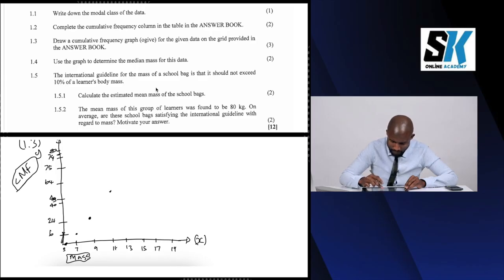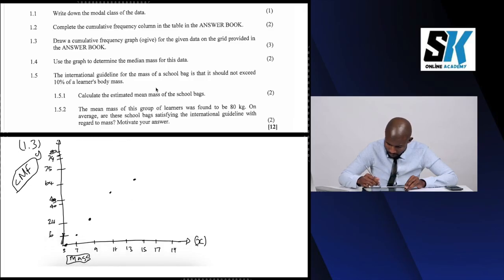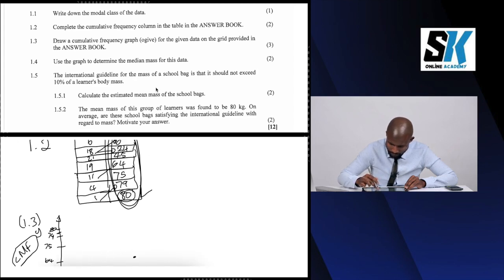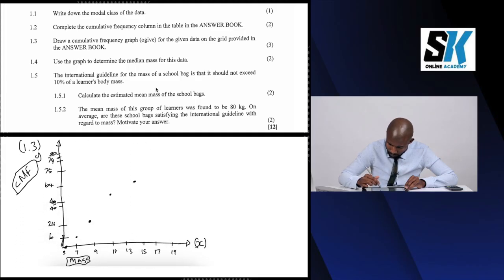And then 13, it must be with 64. And then 15, it must be with 75, I believe. So 15 against 75.